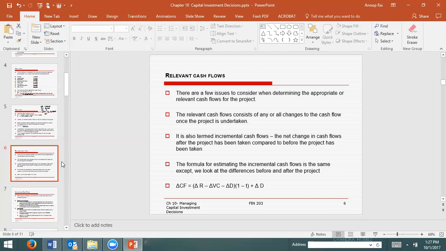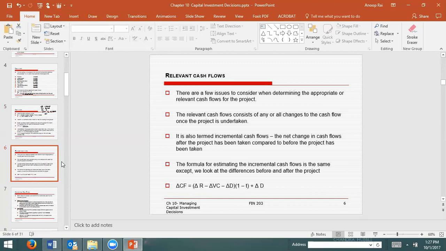Now, sometimes some of these projects would be incremental projects. In other words, you already have an existing business and you want to make a change. You want to maybe buy better equipment. In that case, there's a slight change in the formula, but it's nothing major. It's basically saying, in that case, talk everything in incremental terms.